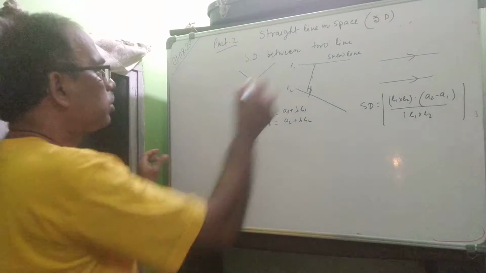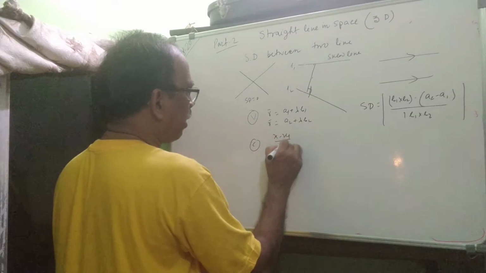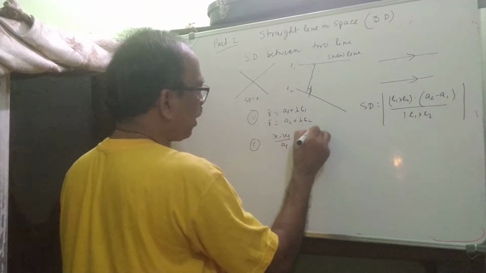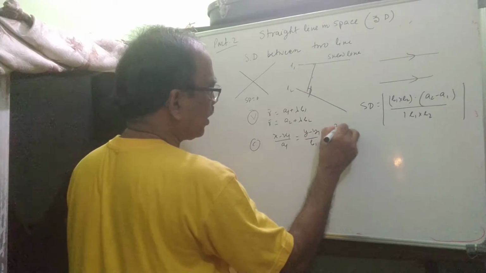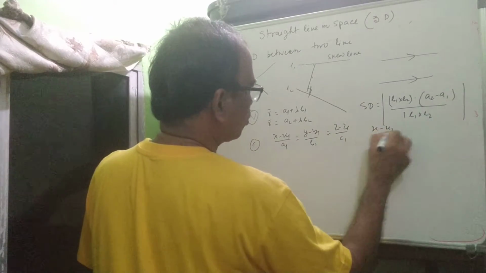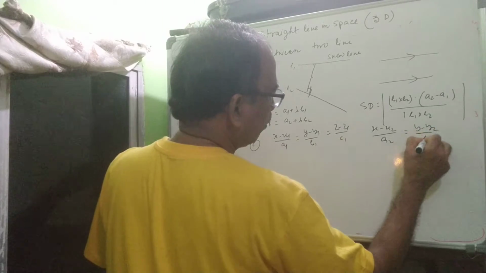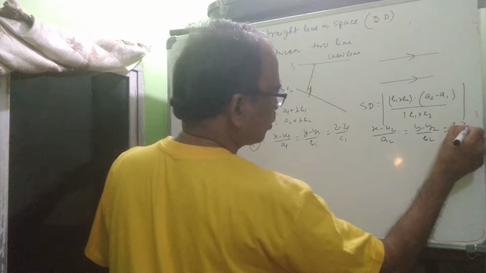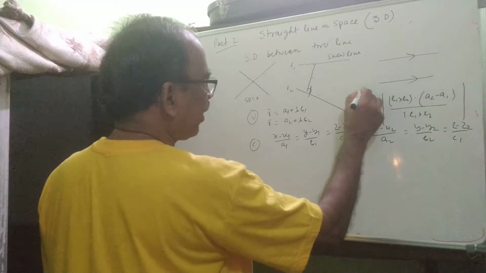If the two lines are in Cartesian form, the equations are (x - x1)/a1 = (y - y1)/b1 = (z - z1)/c1 and (x - x2)/a2 = (y - y2)/b2 = (z - z2)/c2. This was the shortest distance for the vector equation.